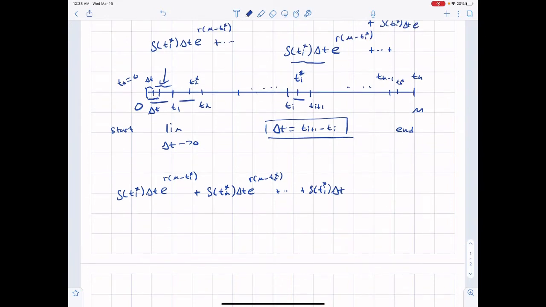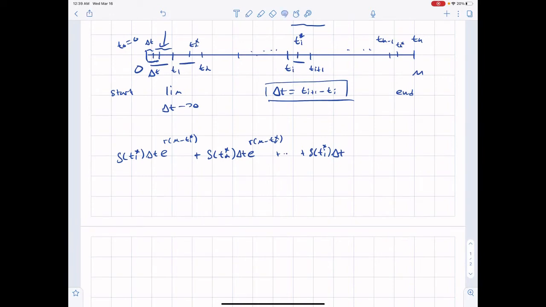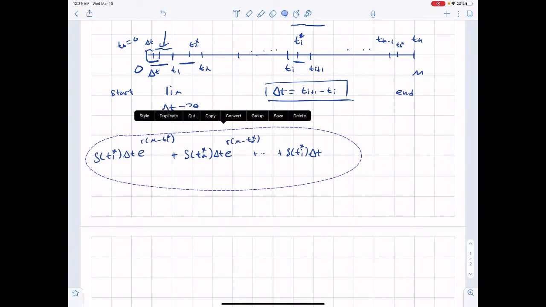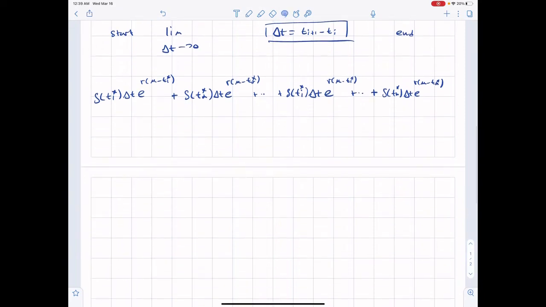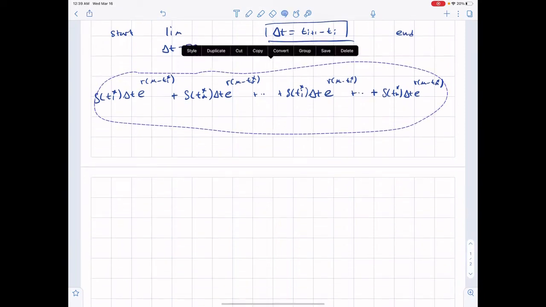They don't have to be, strictly speaking, but we'll have divided the thing up into equally sized intervals. So this is S of ti star times delta t times e to the r m minus ti star, all the way to the last one, which is S of tn star delta t e to the r times m minus tn star. And this is my sum.